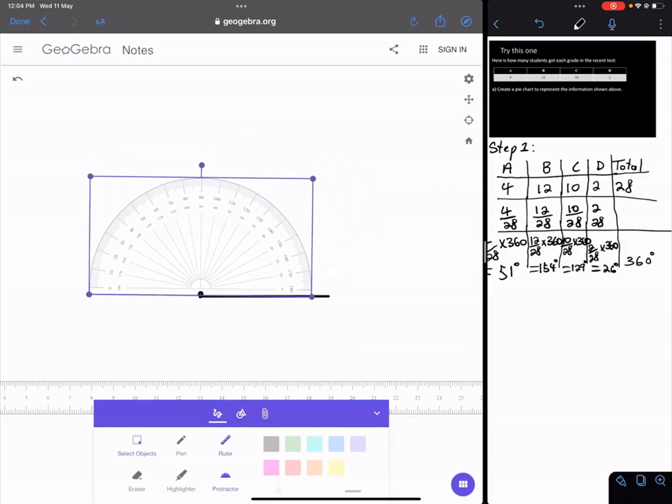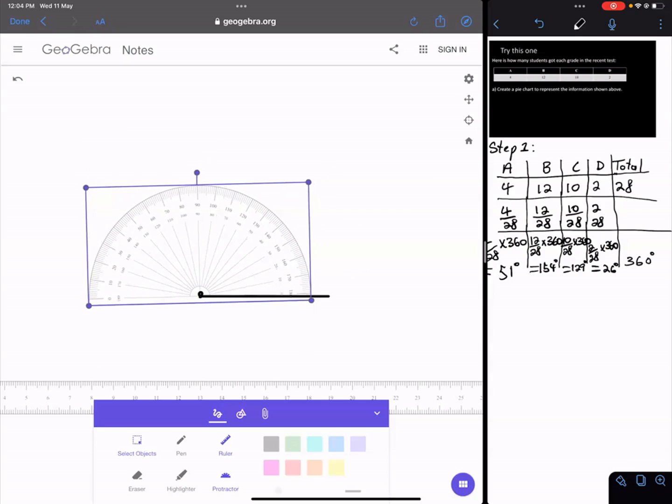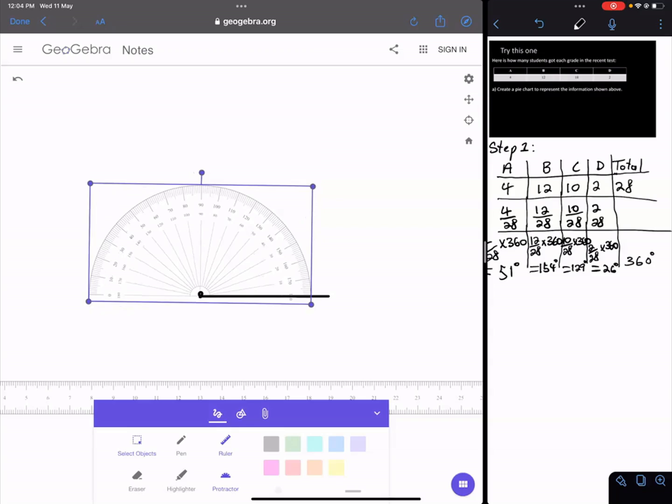So we're going to put the protractor at the center of where we marked and ensure the 180 that is below is a straight line with the line that we have just drawn, and then we're going to measure 51 degrees, for that is our first angle to draw.